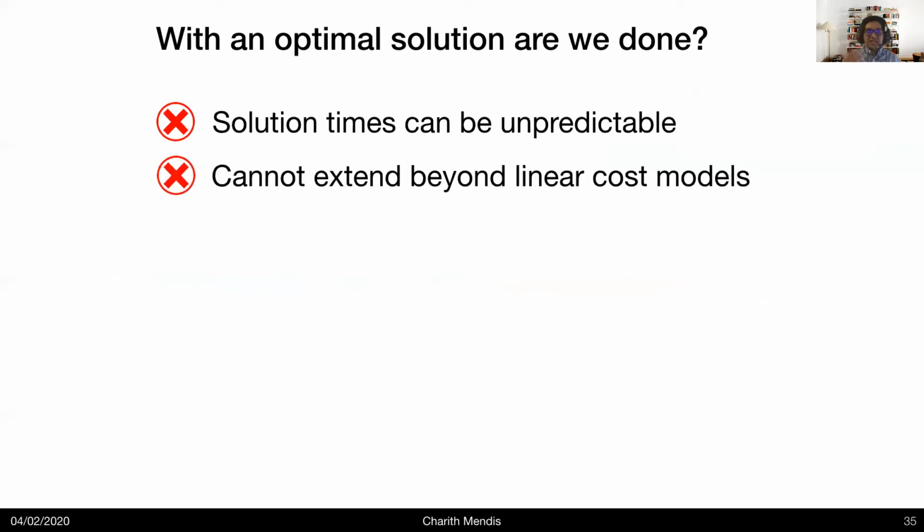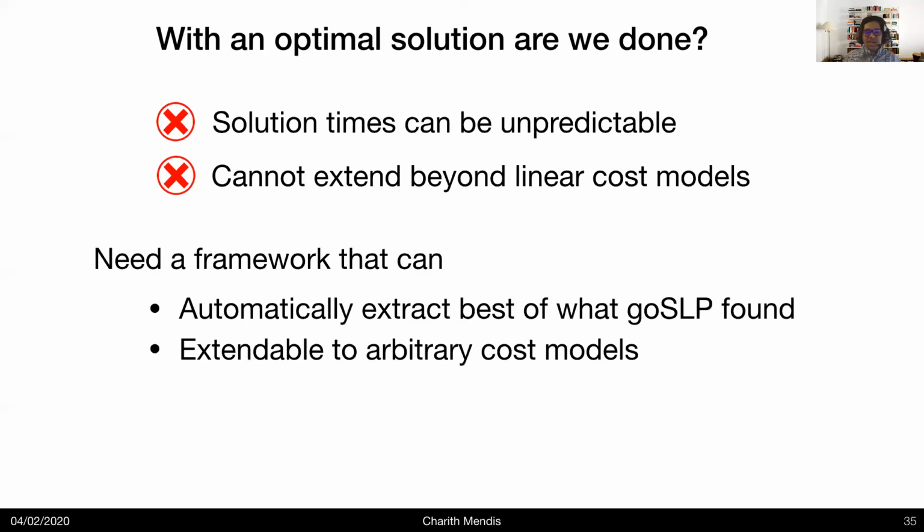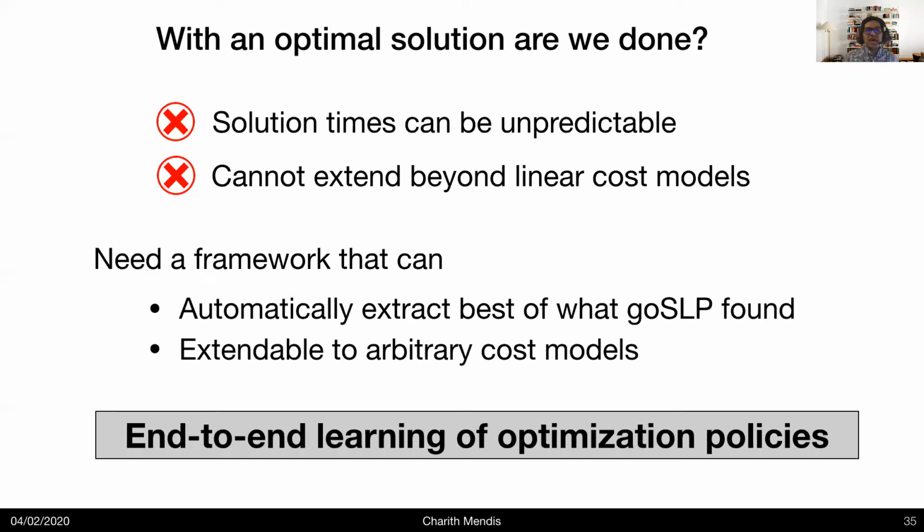And second, even if we want to go beyond a linear cost model, we cannot with the current formulation. So we need a framework which can automatically extract all the good decisions taken by the ILP solution, but also should be extendable beyond linear cost models to capture arbitrary cost models that we can develop in future. So this is where end-to-end learning of optimization policies can help.